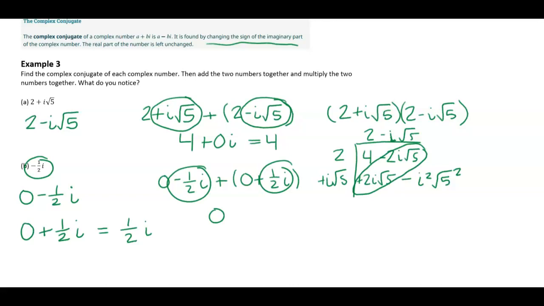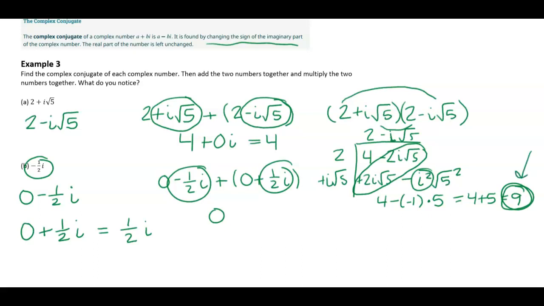I get the same term when I do my outside times inside piece, so it goes away. So I would have 4 minus, remember i squared is negative 1, square root of 5 squared, those cancel, and I get 5. So I get 4 plus 5, which is 9. Again, when I multiply two complex numbers, I end up getting a real number.